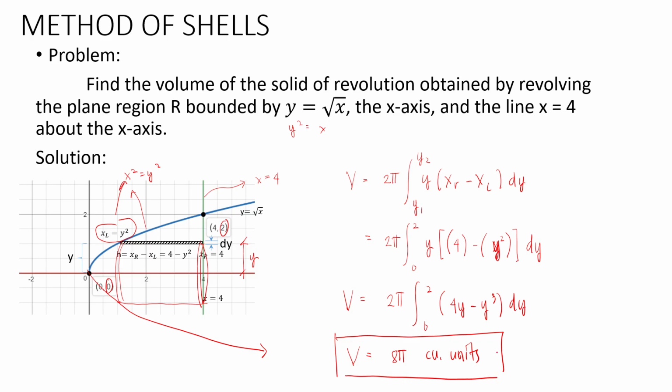I think the difference between the two methods is the same as with area. Let's say in a problem you're able to use all methods. For the disk, you use only one type of strip because it needs to be perpendicular.